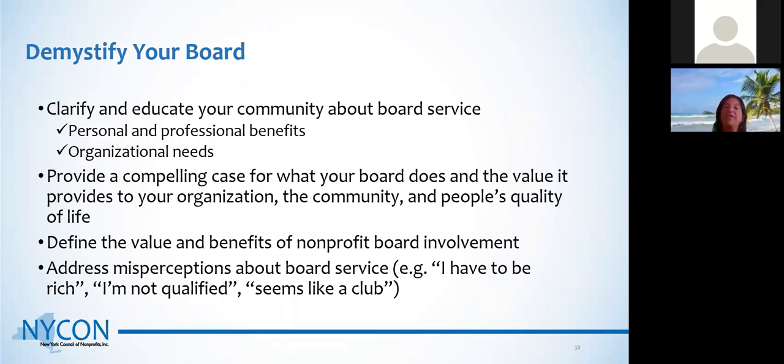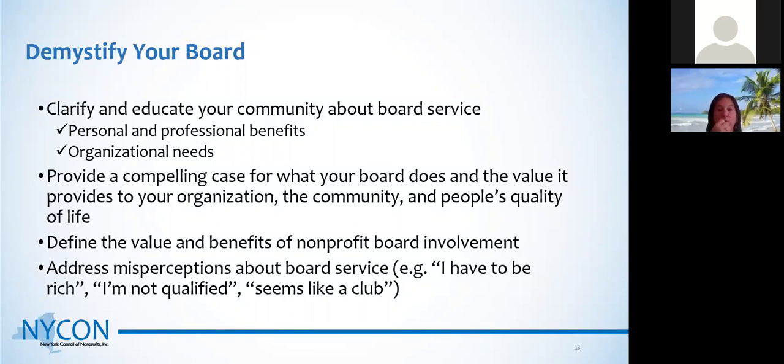All right. I think one thing that's really important when you're going out and recruiting board members is to clarify and educate your community about board service. There are many personal and professional benefits from serving on the board. There's a lot of work, yes, but you also learn a lot, you feel good about what you're doing, and you're meeting your own professional and personal development goals, but also helping to carry out the work of the organization and fulfill some missing links in that organization.